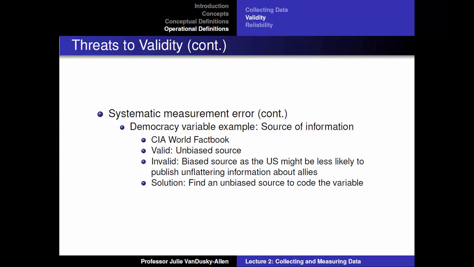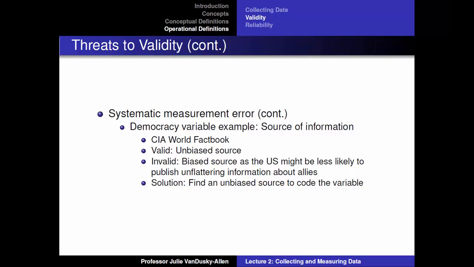However, if the CIA World Factbook is biased in such a way that it is less likely to publish unflattering information of U.S. allies, then our variable may lead us to code some non-democratic countries that are U.S. allies as democracies.